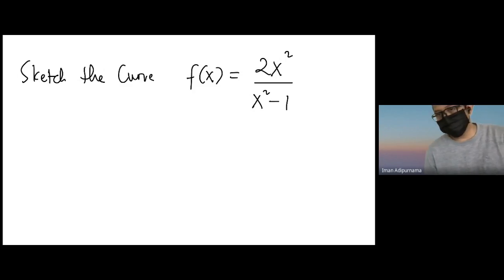For online students, you can also check. Maybe check the derivative, check the asymptote, check the concavity. I hope you understand the graph. Let me give you maybe 4 to 5 minutes to try.